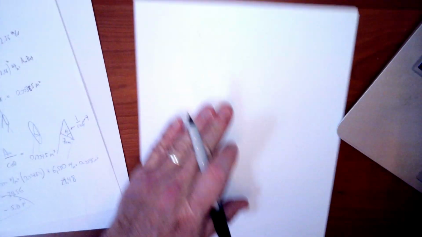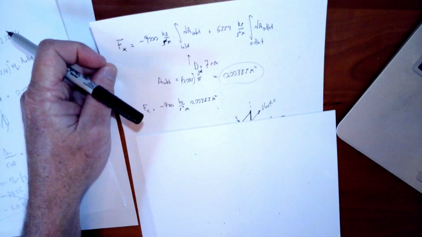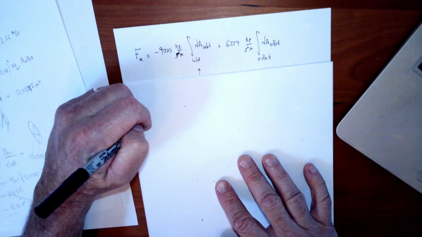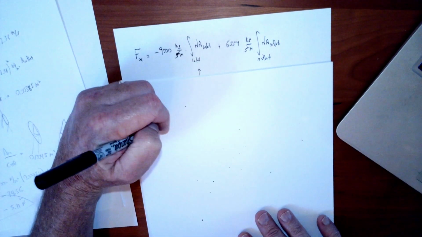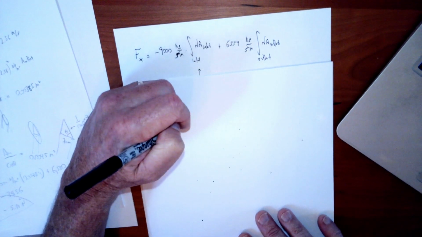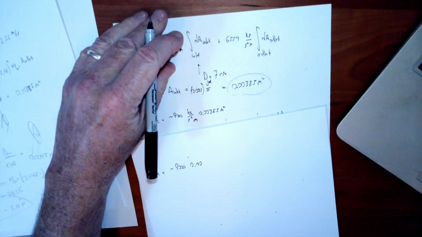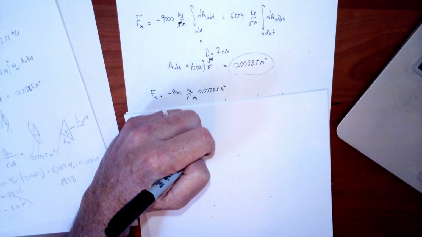calculate the force. So I had back here, I was almost ready to be done. I had Fx was equal to whatever this was minus 9,000 times the area of the inlet, which is 0.00385 meters squared.